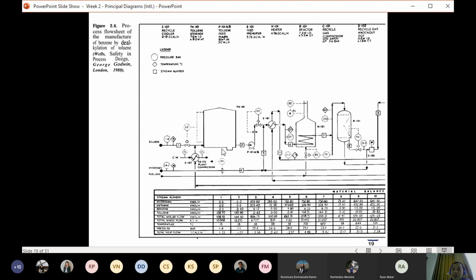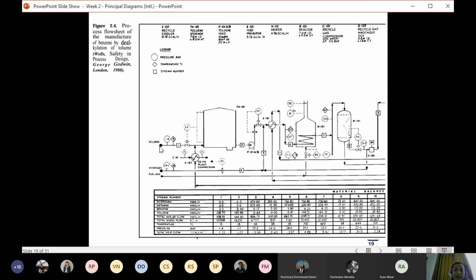It will be more complicated than the BFD that we already know. In the BFD there are only boxes, but here they give you the symbol of the equipment, so it will be more crowded. I start from this one, toluene.